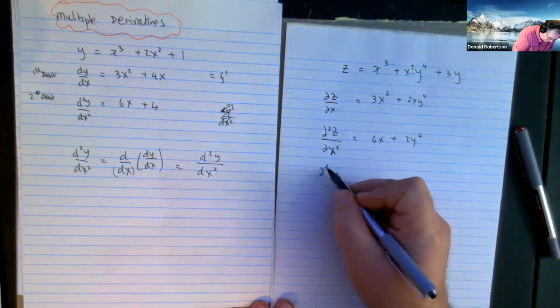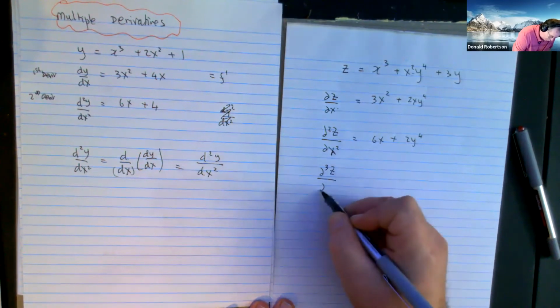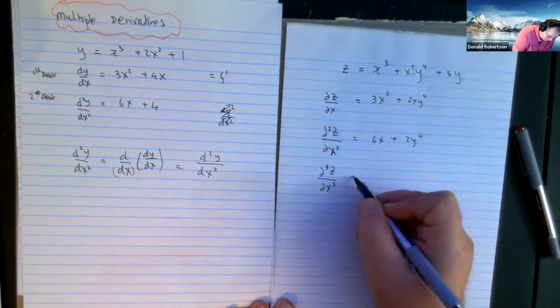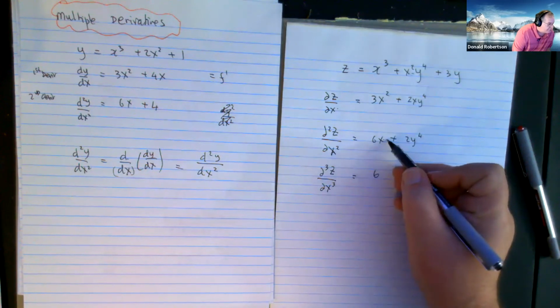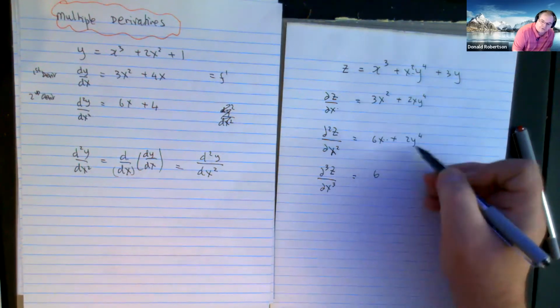Just because you can, although they don't typically go very often more than the second, but you know, just in case they do. The third derivative, wouldn't you just get 6? Right? Differentiating 6x, you get 6. What would the 2y to the 4 get you?